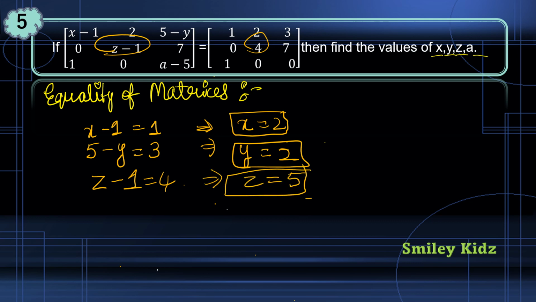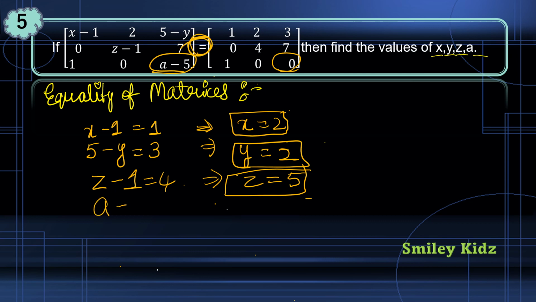Alright. Moving forward, we have 7 equals 7. Again, none of our business. Then we have 1, 1, 0, 0. Lastly, we have a minus 5 equals 0. Equate them because the concept we are applying over here is equality of matrices, right?